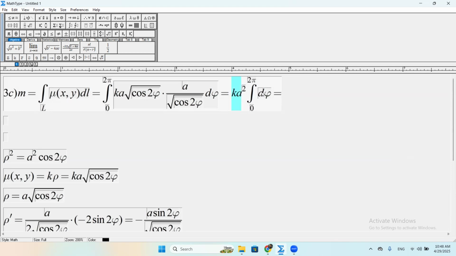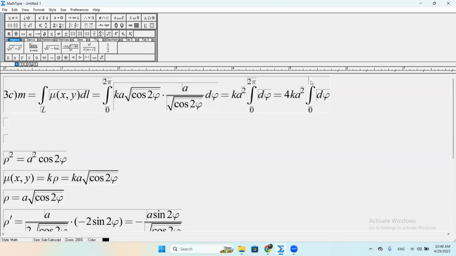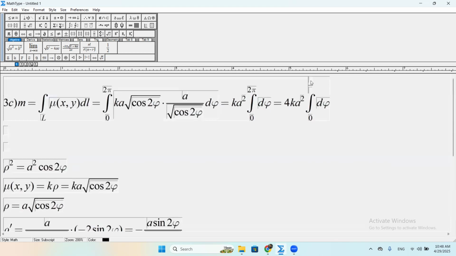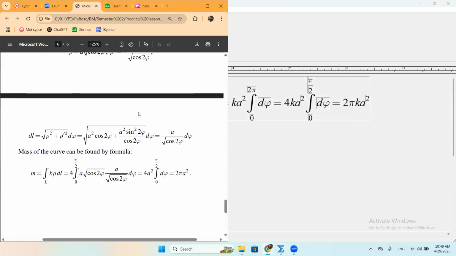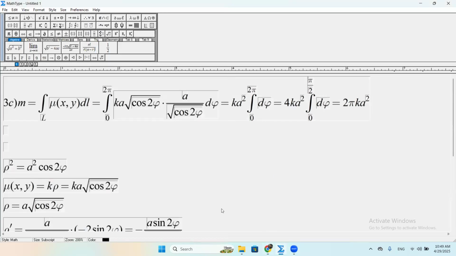Let's change the limits of integration. The final answer will be 2 pi, oh sorry, 2 pi k a square. Let me check here as well. I lost k here, but here it is taken into consideration. So this is the final answer.